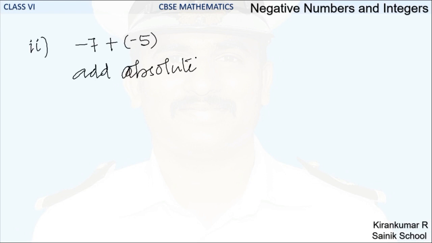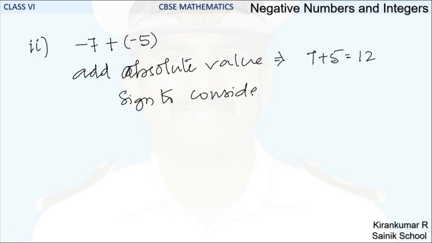Absolute value 7 added to 5 is 12. Sign to consider is the common sign, which is negative. Therefore, the result is negative 12.